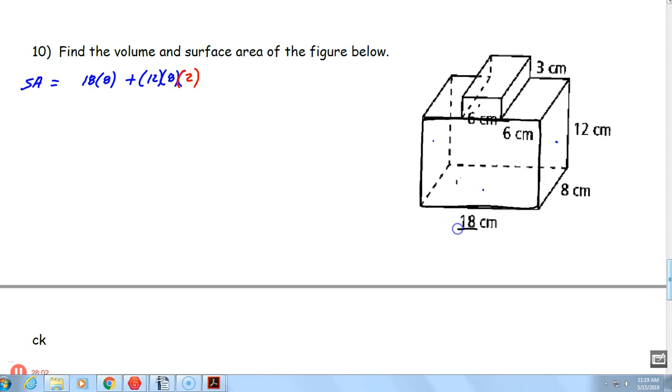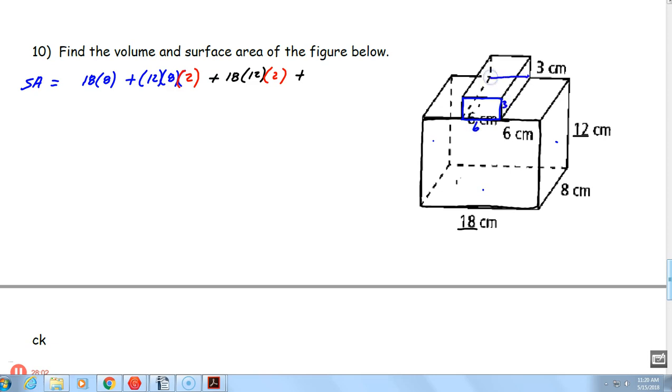So that is 18 by 12 tall, and I have it in the front and the back. So I'm going to do an 18 times 12, and again I have 2 of those for the front and the back. Then I got to add to that this little piece right here to finish the front, which is 6 by 3.